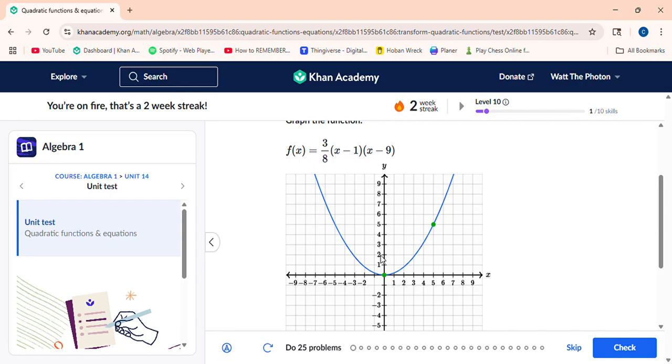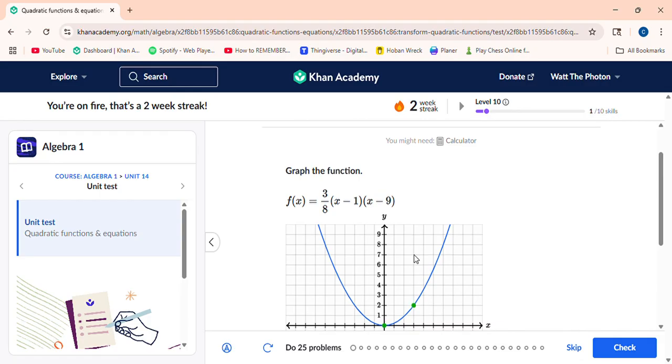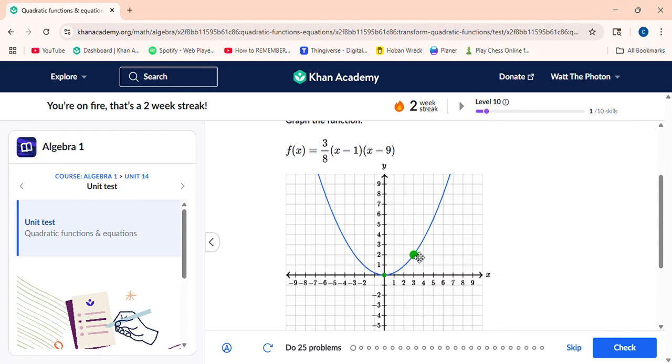If x minus 1, x minus 9, and then 3 times 8x. We'll multiply it out.